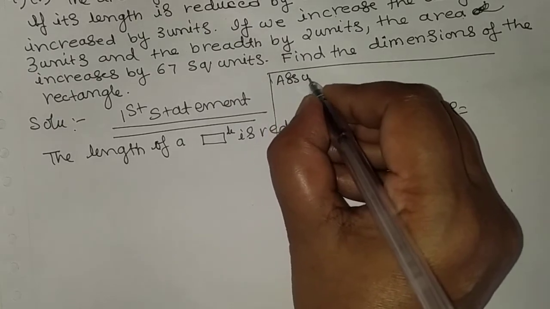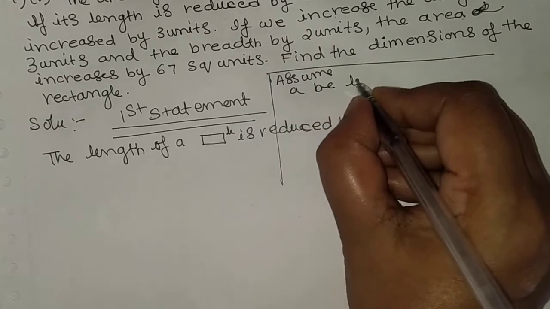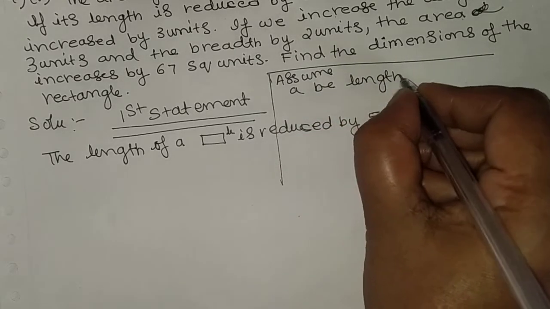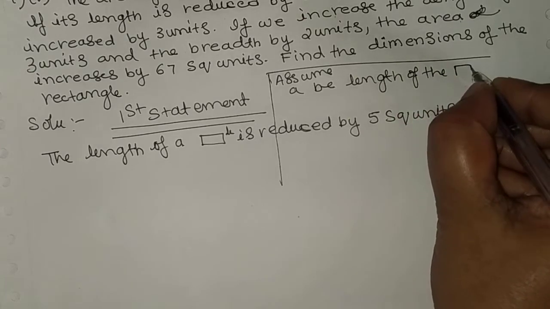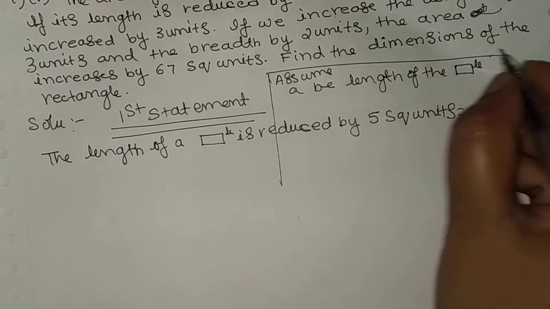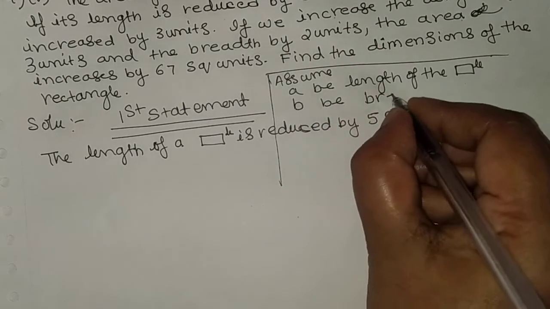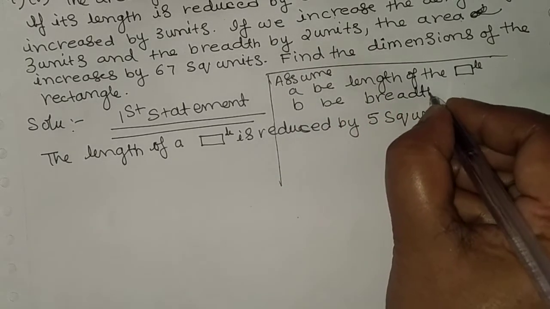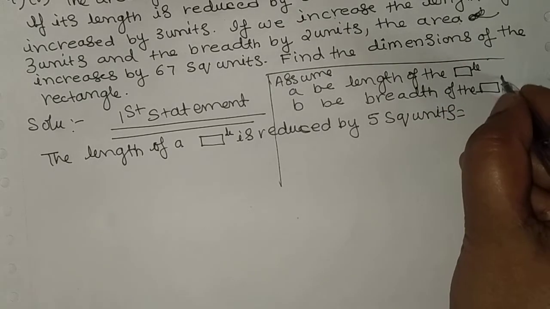First step is to assume: let A be the length of the rectangle, and B be the breadth of the rectangle. Two assumptions are made.